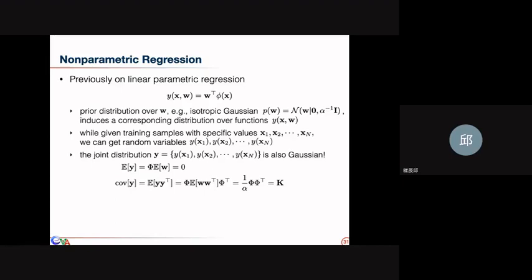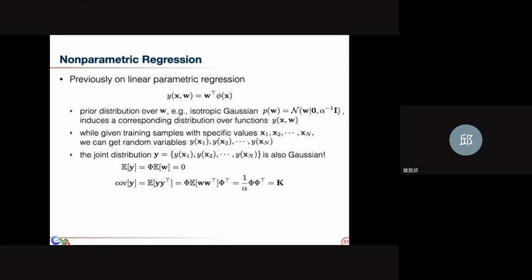So the expectation is over W. Because our W is distributed according to an isotropic Gaussian, you have a zero mean. So in the end, the expectation over W is equal to 0. So overall, the mean function of this joint distribution is also 0.